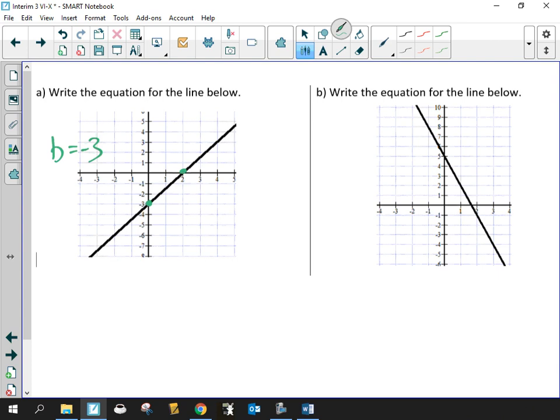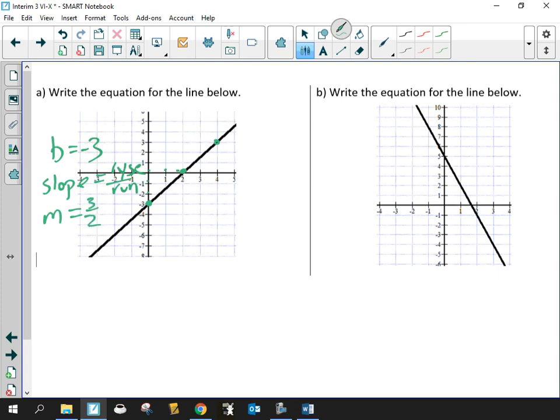So we find 2 points where the line goes through a clear intersection of x and y integers, and we see that the rise is 3 and the run is 2. Remember, slope is rise over run, so remember the y goes on top. So my slope is m equals 3 over 2.